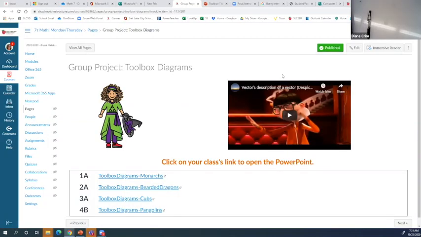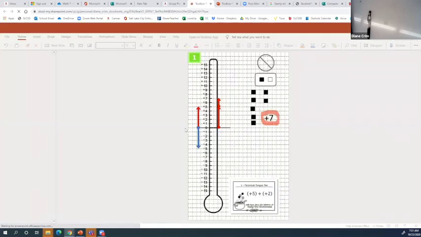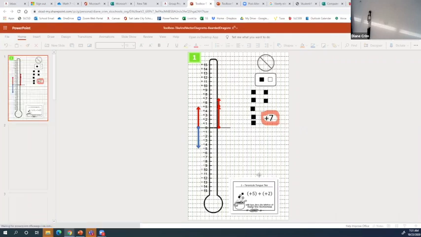Okay, so here we have our page. It was where we get to from modules, and you can get the problems that you're going to need to do from whichever group you're in. So it should have the problems that your groups did yesterday. I haven't checked those, so they could be right, or I don't know, but you can take a look at them. What you're going to want to do is look at them because they have the recipes on them.